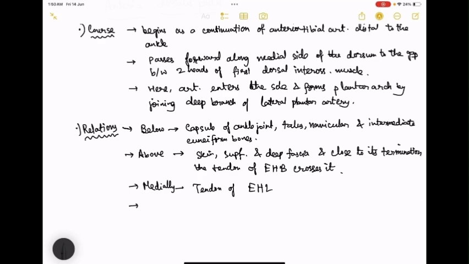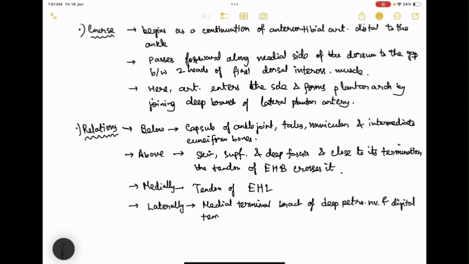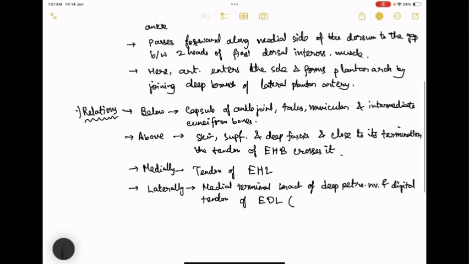There was a mnemonic to remember the structures beneath the extensor retinaculum. Laterally, medial terminal branch of deep peroneal nerve and digital tendon of extensor digitorum longus of second toe.